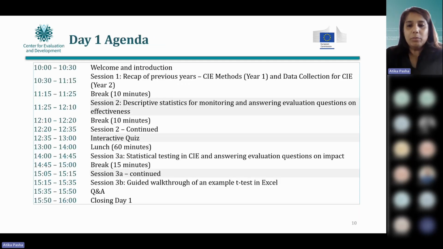Moving on to the agenda for today, we've already covered the welcome and introduction. We are now in session 1, which will recap the CIE methods from year 1, and Ellie Plim at C4ED will delve into the data collection for CIE for year 2.